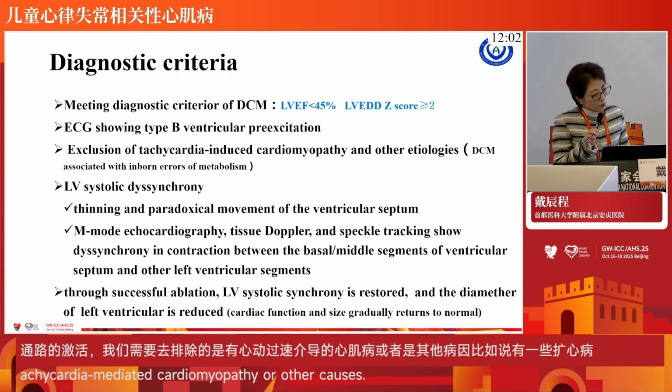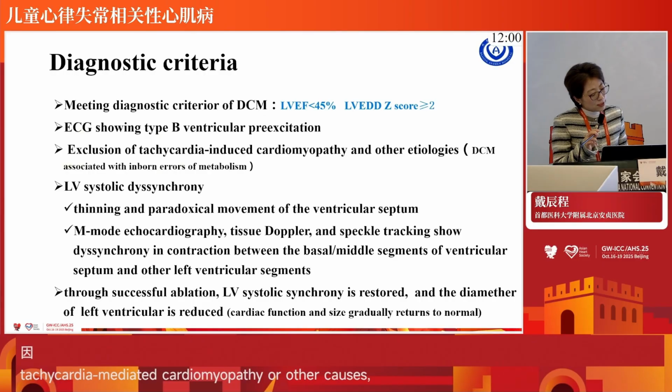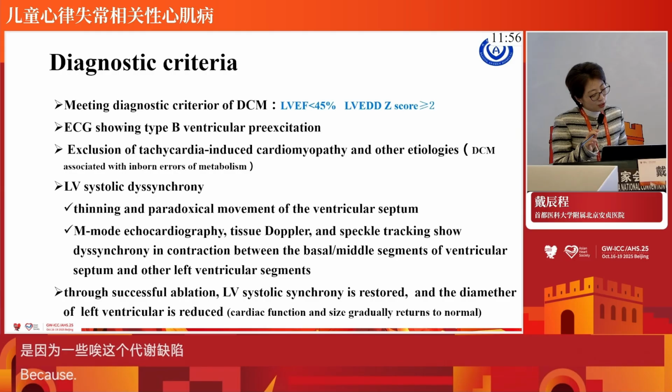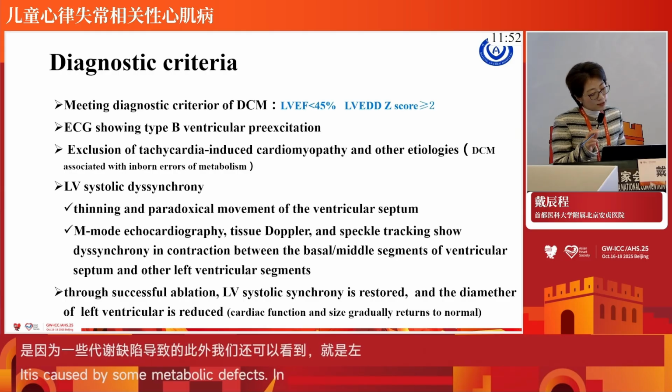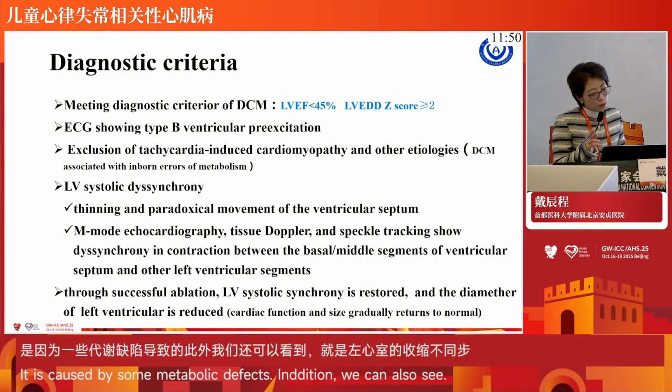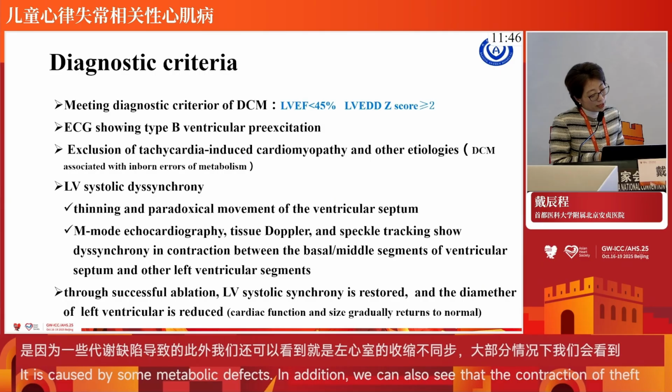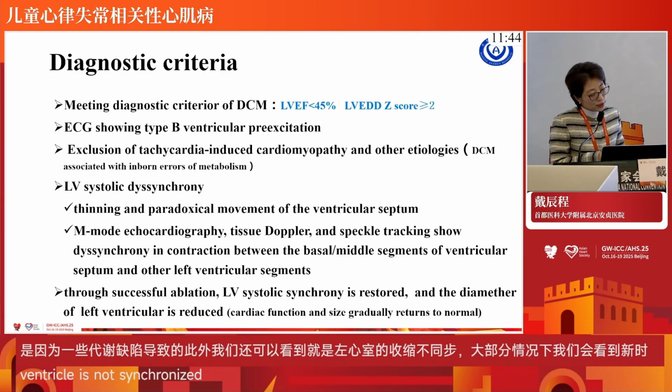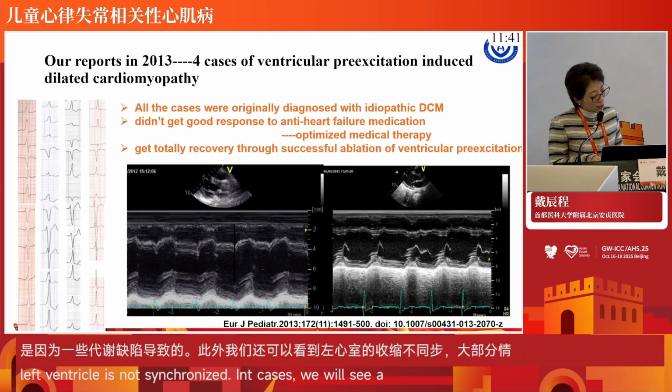And we can see left systolic dysynchronicity, and in most of the cases we can see thinning and paradoxical movement of the ventricular septum. M-mode echo can also show such changes.